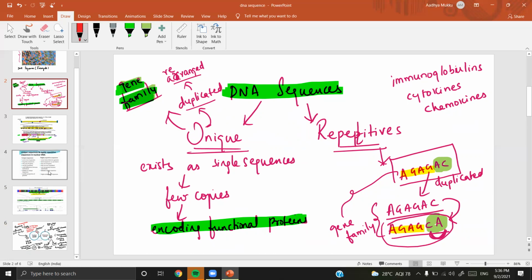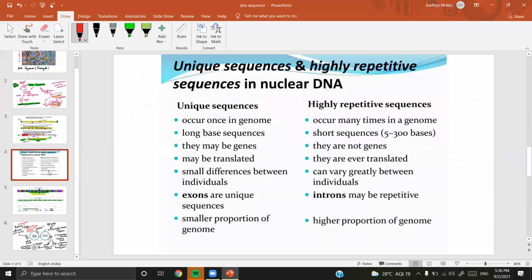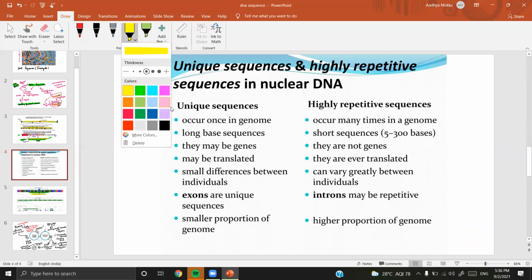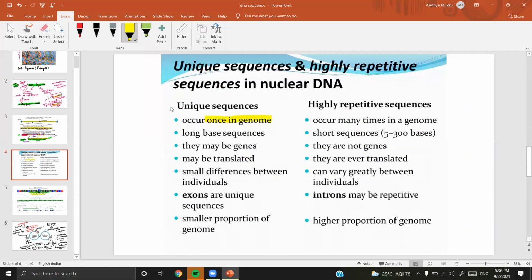And lastly, coming to the differences between the unique and highly repetitive sequences, children, let me highlight these points. Unique sequences occur once or only in hundreds of copies, but highly repetitive sequences are in millions of copies. Unique sequences are long base sequences, while these are very short, sometimes less than 10 base pairs, as we have seen.